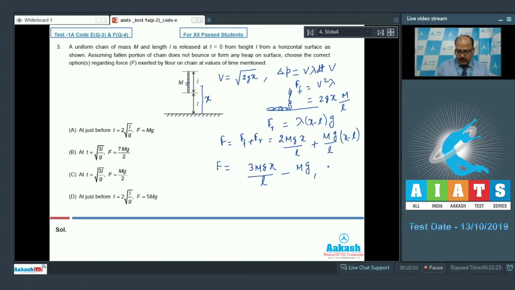Of course, L is less than or equal to x is less than or equal to 2L.